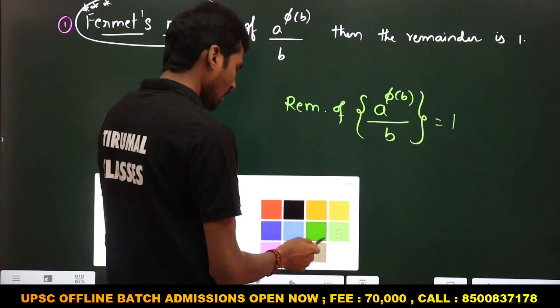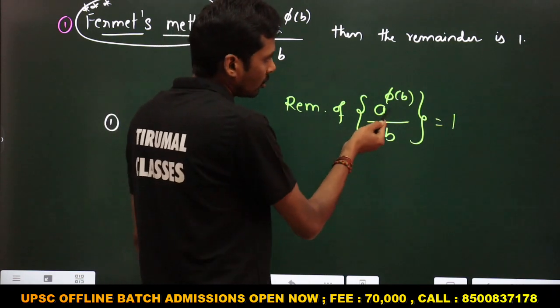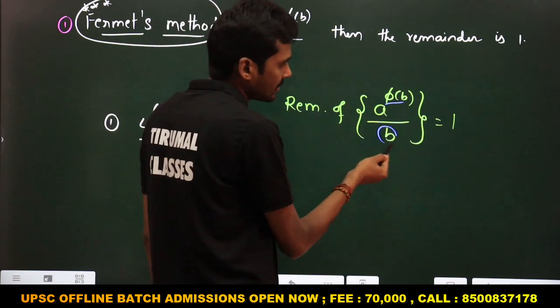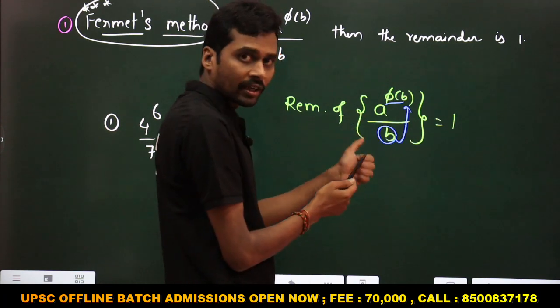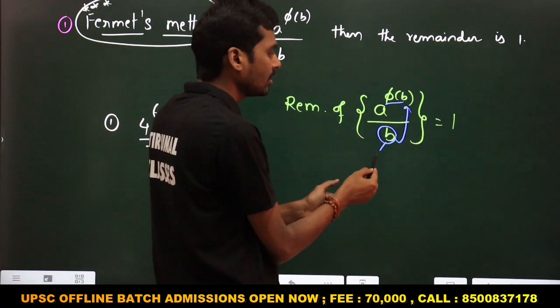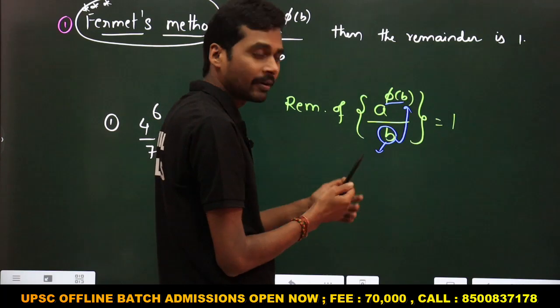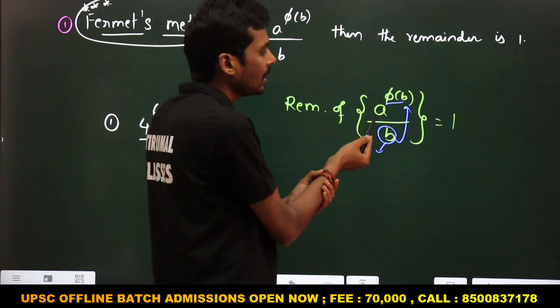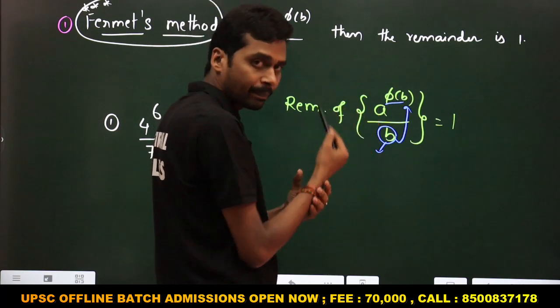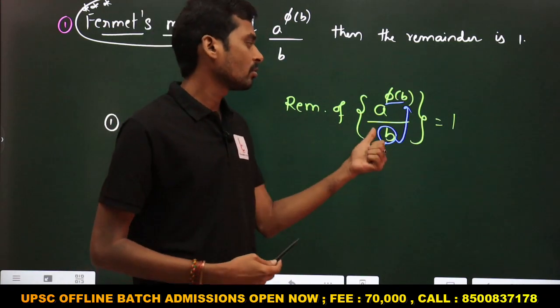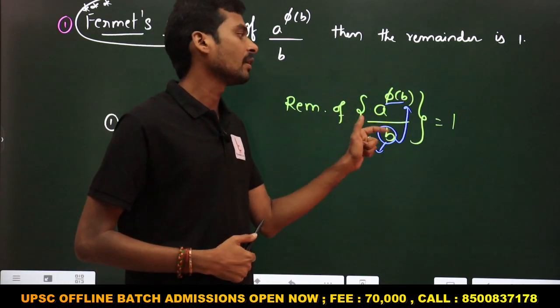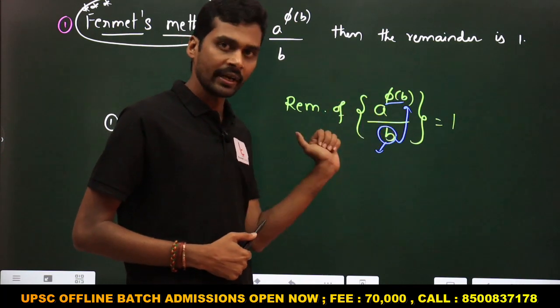So what is phi of b? For the denominator part, the number of co-primes is nothing but phi of b, and that should be equal to the power of a. Which means that the number of co-primes to the denominator must be the power on the numerator base value.